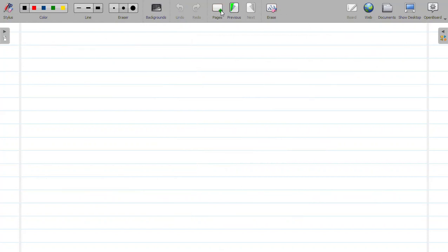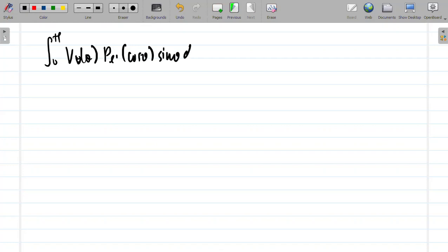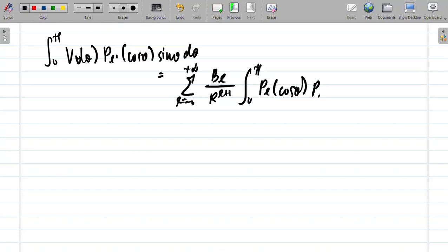Next page, class, make use ulit natin yung orthogonality condition. Integral of V naught of theta, PL prime ng cosine theta, sin theta d theta, is equal to summation L equals 0 to positive infinity, BL over R to the L plus 1, integral 0 to pi, PL of cosine theta, PL prime ng cosine theta, sin theta, d theta.